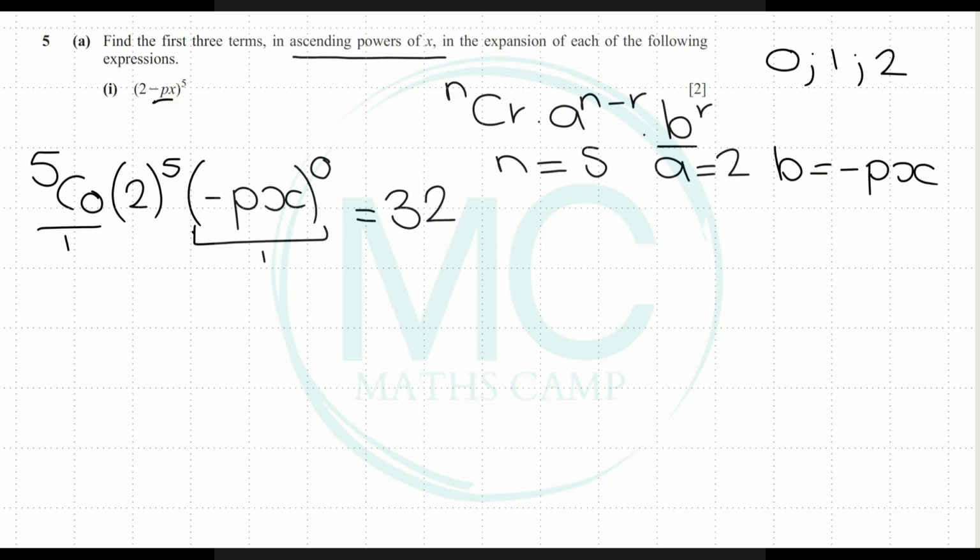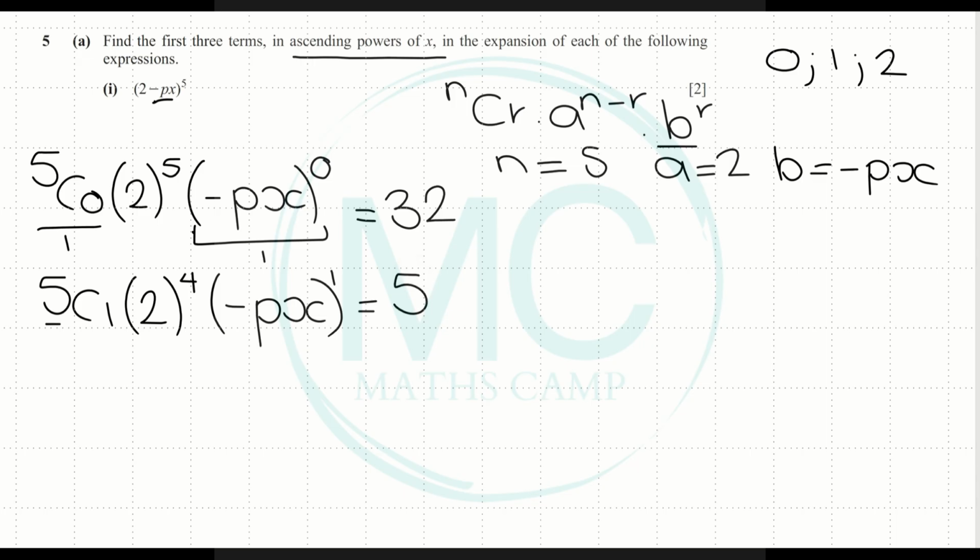Now let's find our x term, where r is 1. So we can say 5c1 multiplied by 2 with an exponent of 5 minus 1, which is 4, multiplied by negative px with an exponent of 1. When working with NCR, if r is 1, the value of NCR will be the value of n, which in this case is 5.